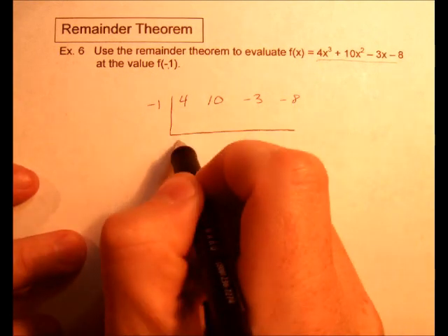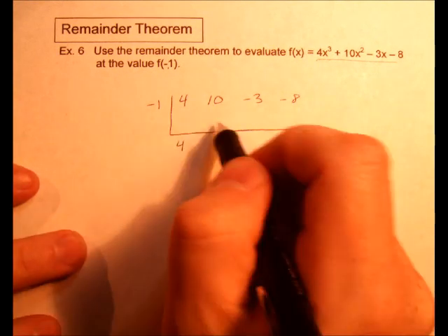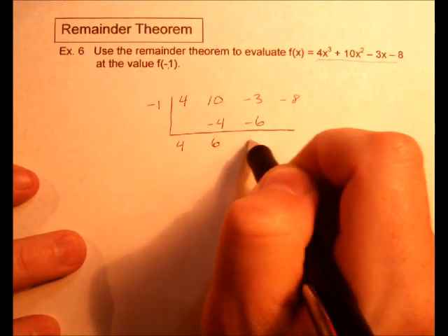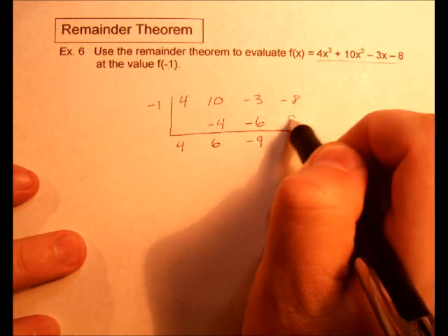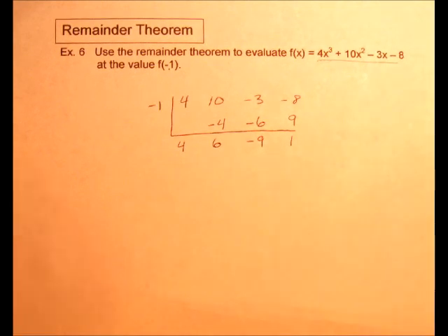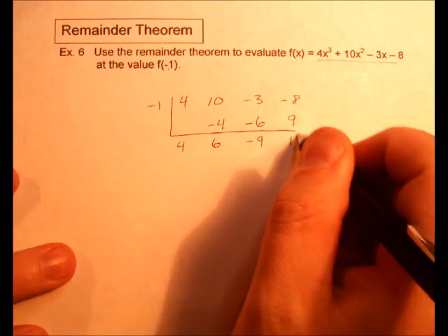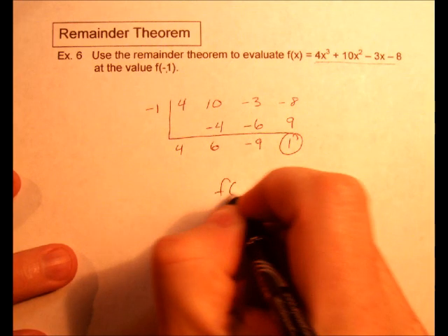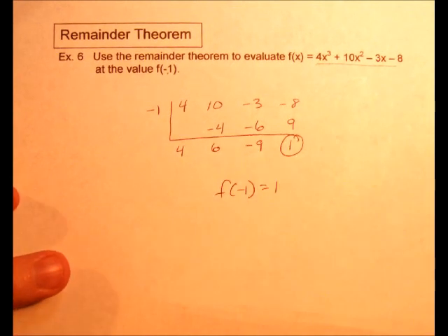So drop down the 4, multiply, add, multiply, add, multiply, and add. So since it's the remainder theorem, all we want to look at is the remainder, and that's your answer. So f at -1 is just equal to 1.